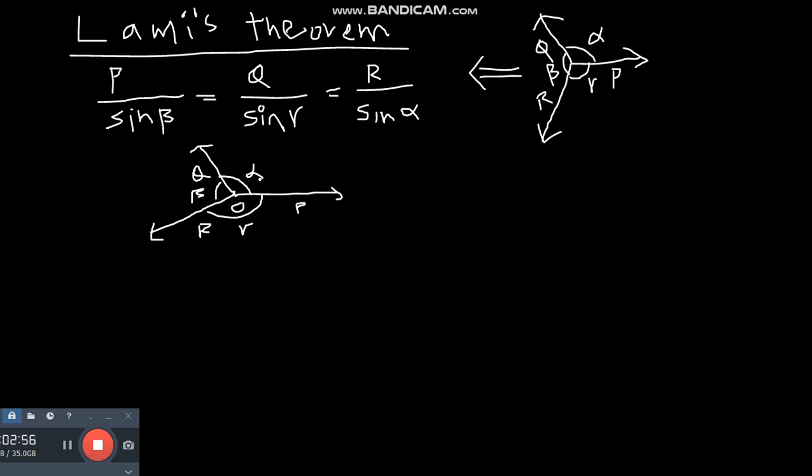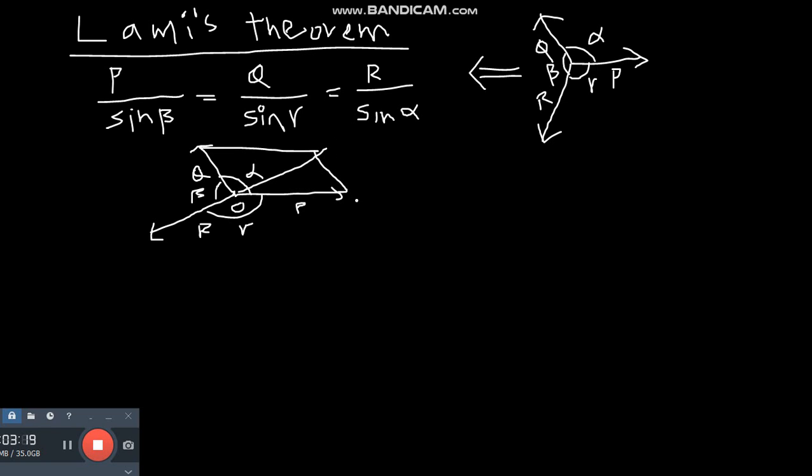Now I am drawing a parallelogram. Look at this. You extend this and make a parallelogram like this.